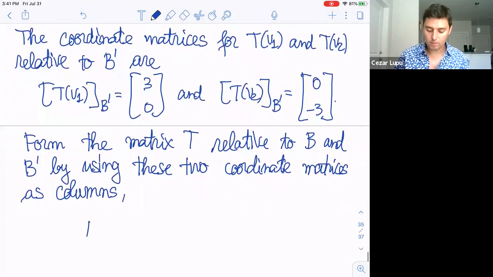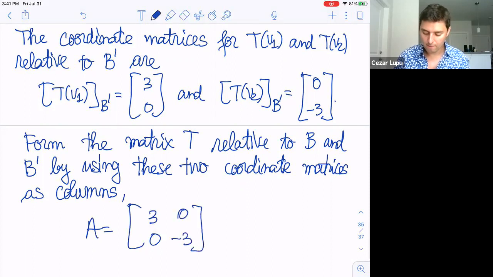And we have what? Well, let's write it. A will be 3, 0, 0, negative 3.